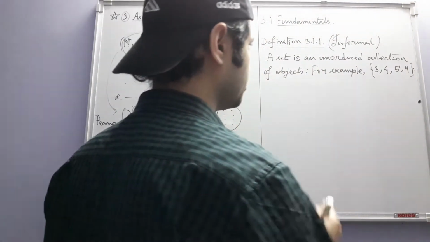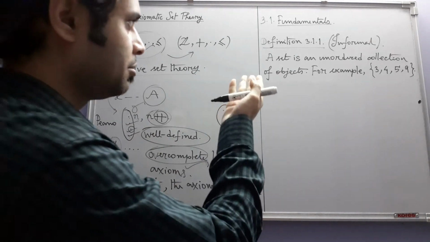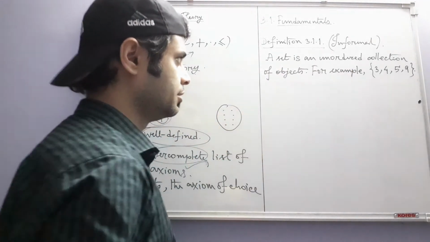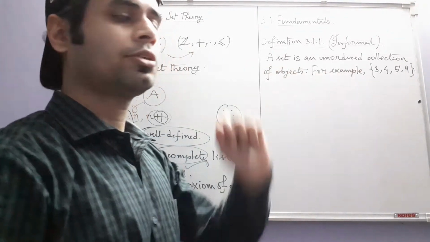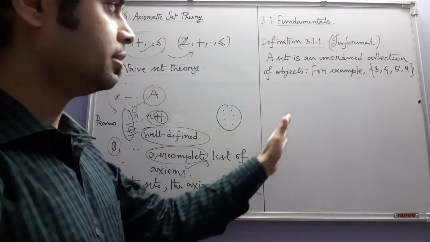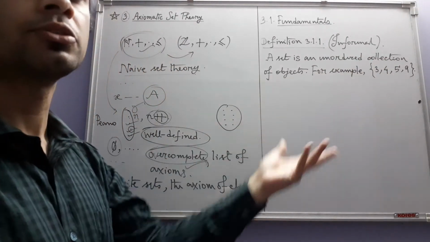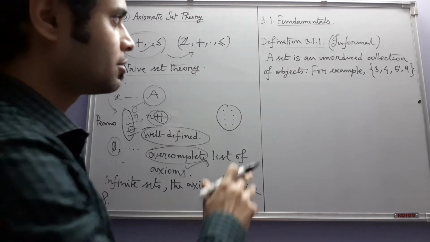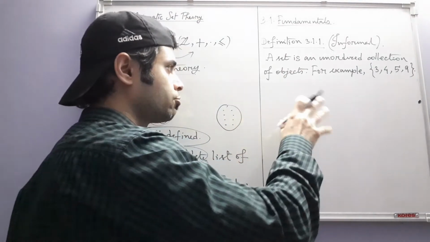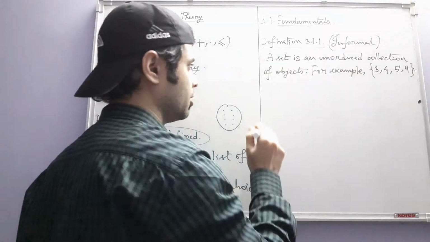Okay, so the fact that this is a loose definition can be clearly seen from the definition itself. A set is an unordered collection of objects. We are not saying at all what type of collections we are supposed to take. We are just simply saying a collection of objects. So this is a vague notion of sets rather than a definition. That's why the term informal.